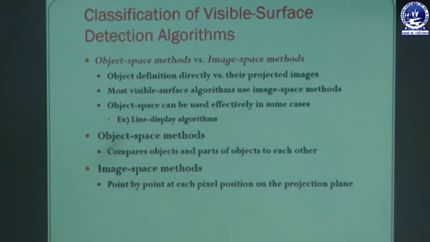In this case, the object is first used to determine those parts whose view is unobstructed by other parts of it or any other object with respect to the viewing specifications. After that it draws those parts in the object colors, and finally concatenates all the objects to produce the realistic image. Okay, so for example, that's your line display algorithms.